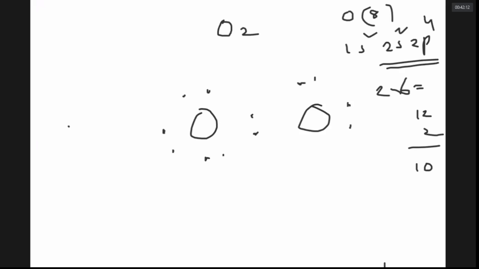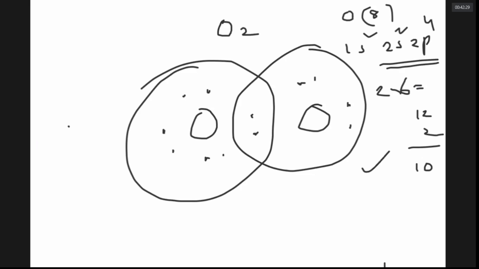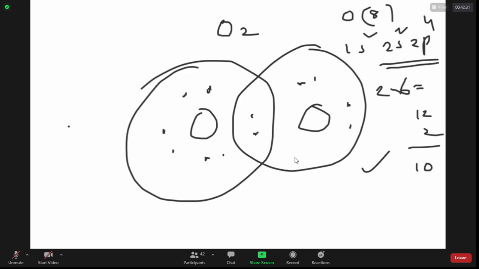After distributing the available electrons, check, is it happy? Yes, happy because it has 8 electrons. Is the other one happy? No, it is not happy because it has only 6 electrons. To make this happy, you convert any of the lone pairs into another covalent bond between these 2 atoms.